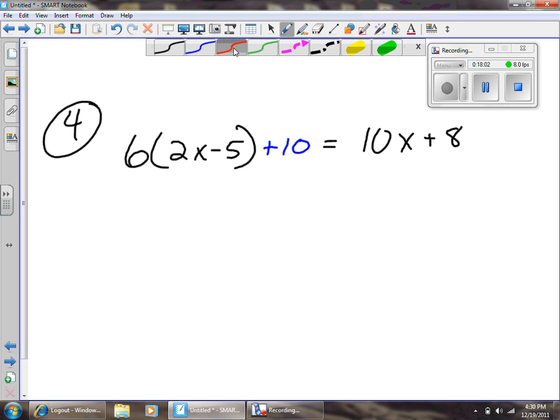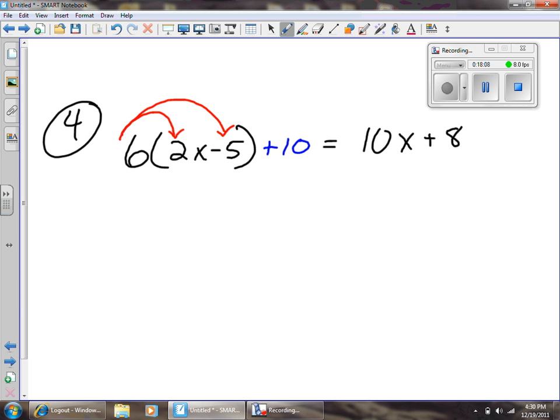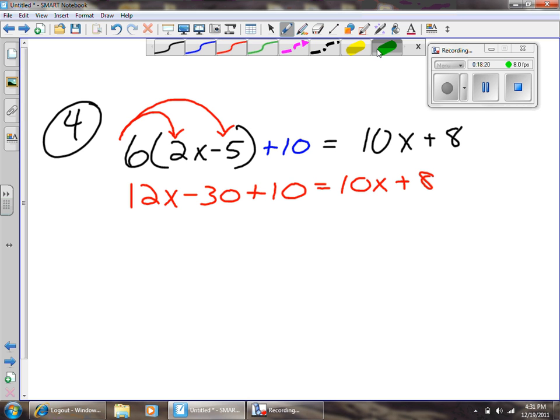Right now, I will distribute my 6 to get 12x minus 30 plus 10. That'll equal 10x plus 8. On the left-hand side, I notice I have some like terms. I have a negative 30 and a positive 10.